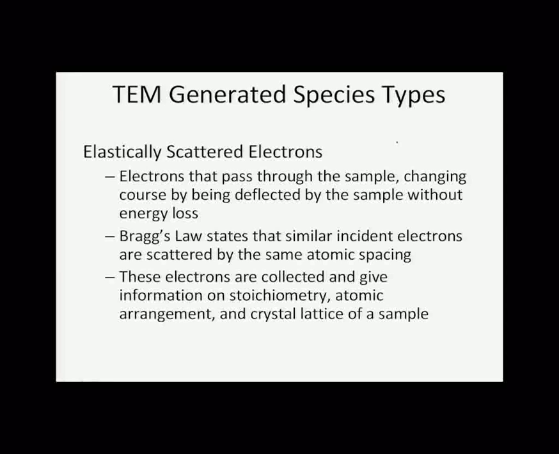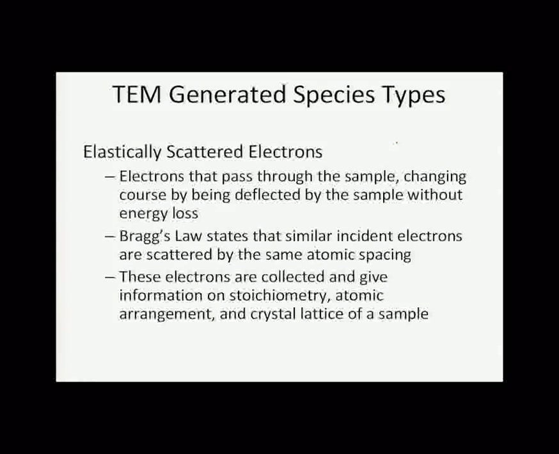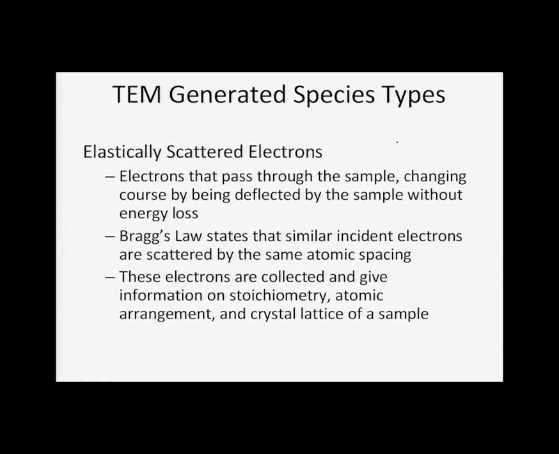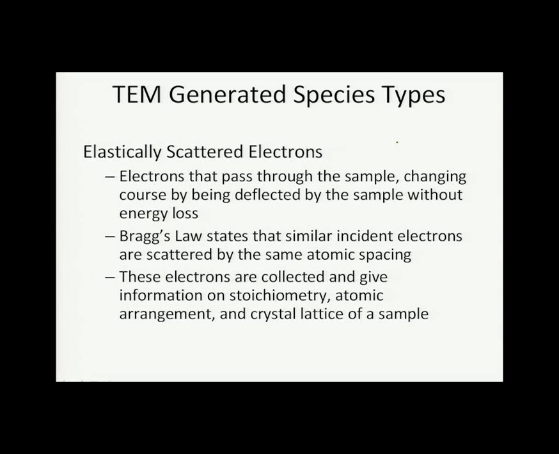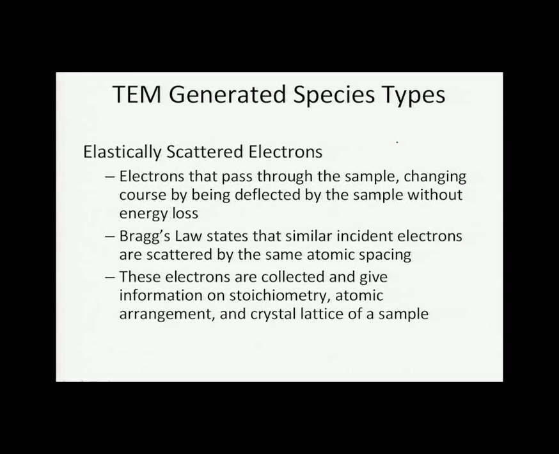Elastically scattered electrons are electrons that pass through the sample but change course. They change course because they're deflected by the sample, but this is an elastic process because there's no energy loss. So Bragg's law states that similar incident electrons are scattered by the same atomic spacing.